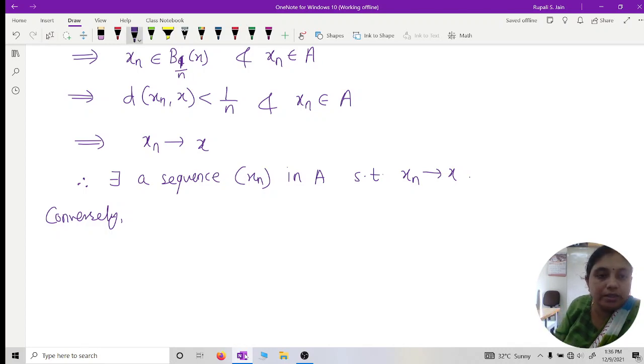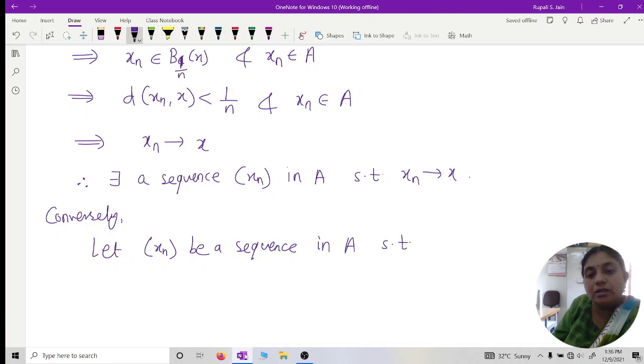So let xn be a sequence in A such that xn converges to X, and I want to prove X belongs to A closure. So given epsilon greater than 0, what will happen?